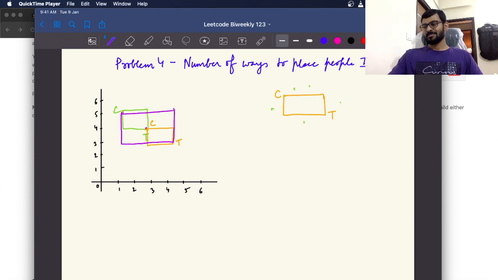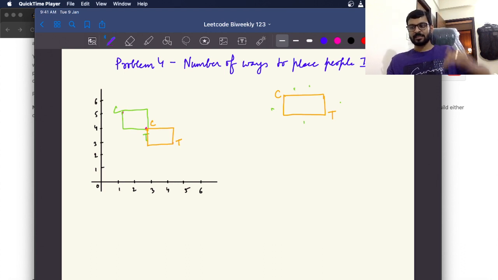This rectangle also, but over here if we place Chisato over here, Takina over here, that is not a good arrangement because the third point is inside this rectangle. That is not allowed. But in the other cases, the green and yellow cases, you can see that the third point is outside the rectangles. So both of them are good arrangements. So in this way, you have to say how many pairs of points are possible.